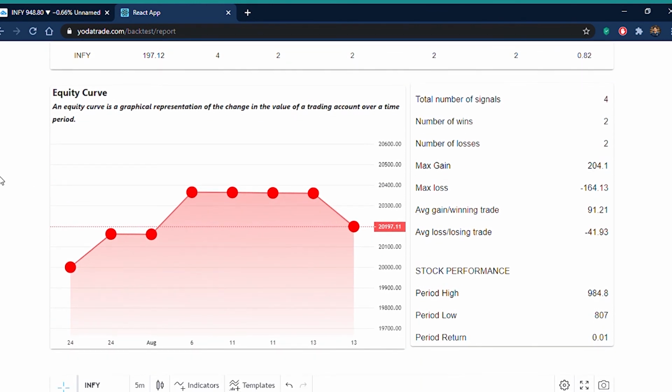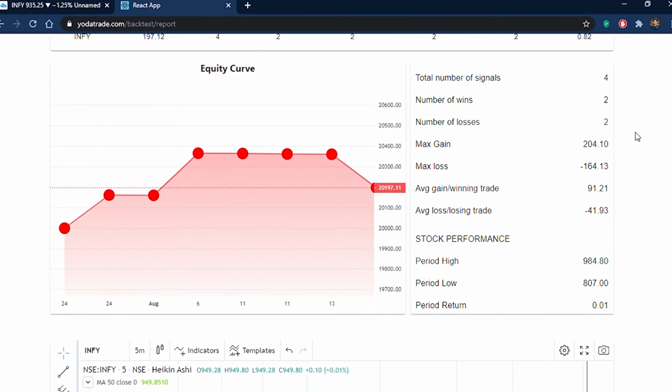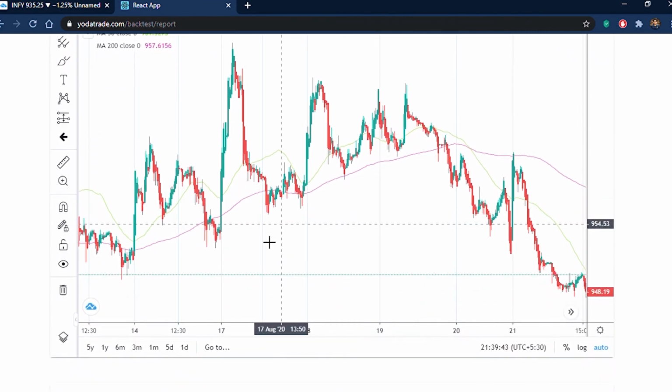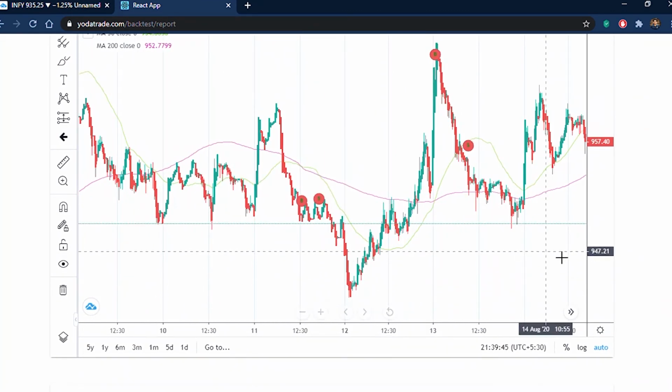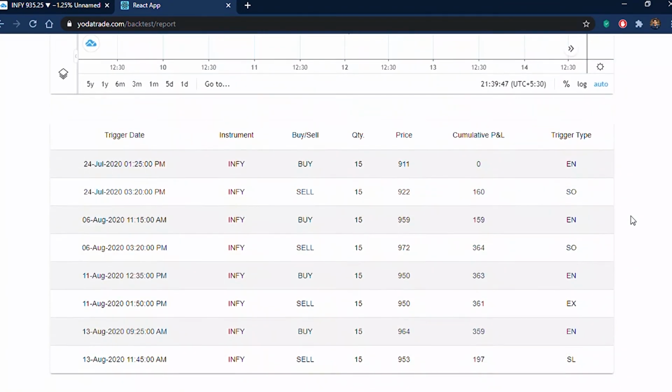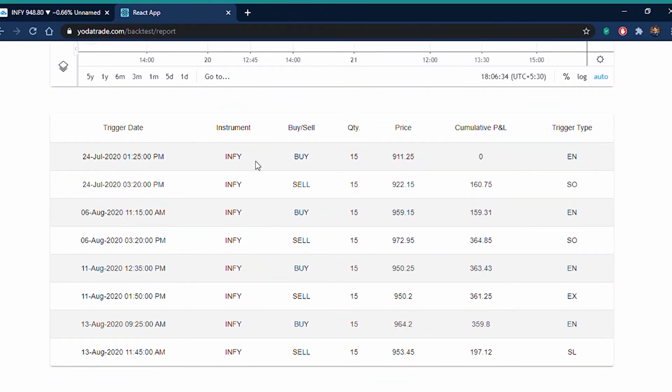This equity curve gives a graphical representation of the change in the value of the trading account, and here we have the summary of the backtest results, that is the number of wins, number of losses, maximum gain, maximum loss, and the stock performance too. And here we can observe the chart, and this is the list of all the buy and sell signals that have triggered over the given period of time.